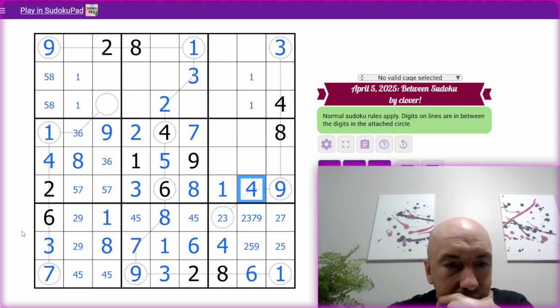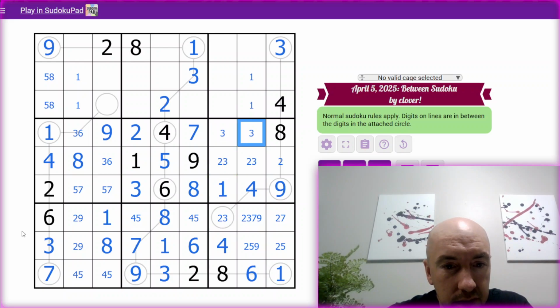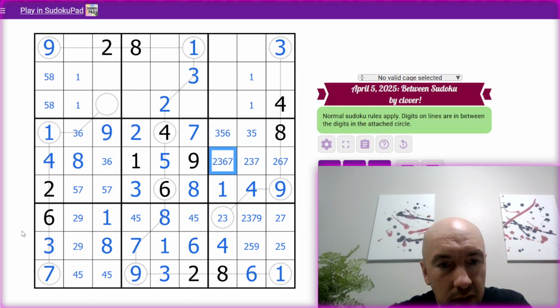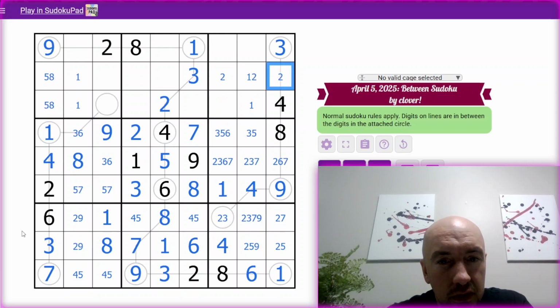Okay. We have some 2s there. 3s, 4s already done. 5s are up here. 6s are there. And 7s, 8s already done, 9s already done. Okay, I think that's correct. 1s done, then we have 2s, that cannot be a 2.